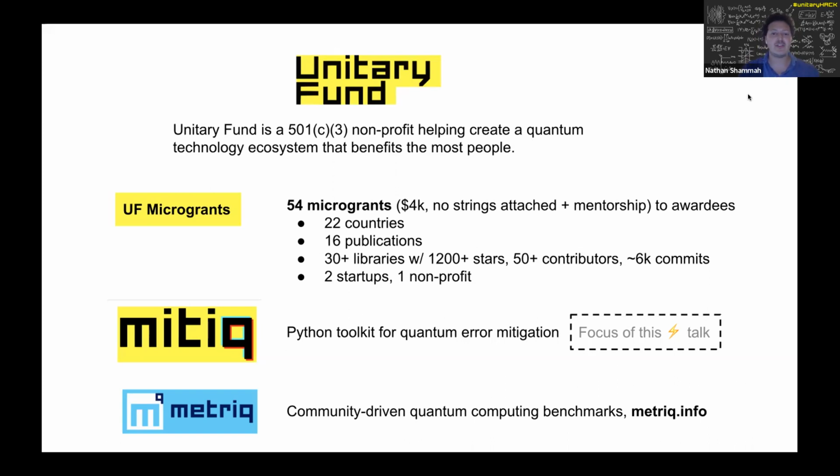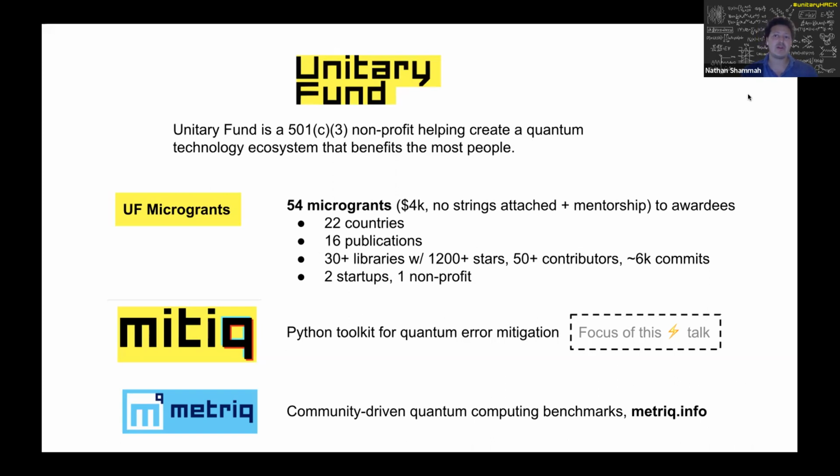There's also more traditional academic output out of these efforts, 16 publications so far, and a focus on open source quantum software. So these are Python libraries, but also Julia, Scala, other languages, and a vibrant community.